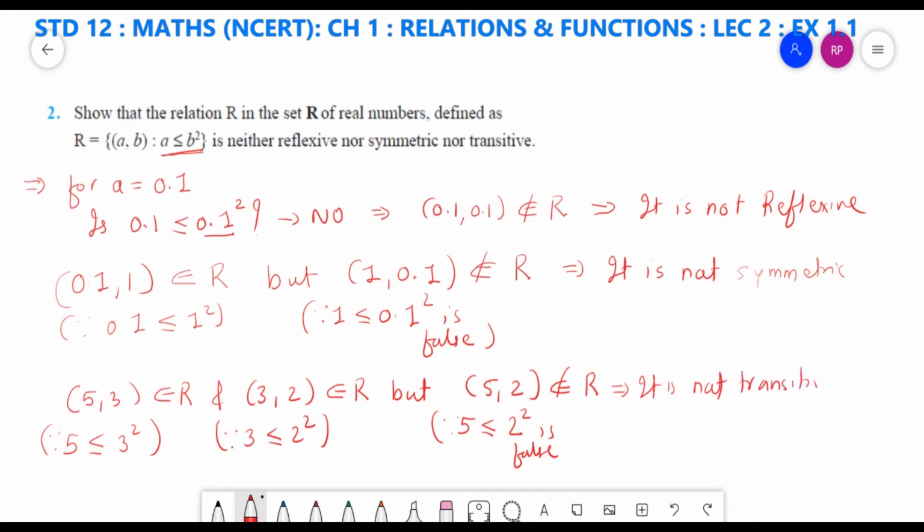So hence we have proved that it is not reflexive, not symmetric, and not transitive. Clear? So note down question number 2.